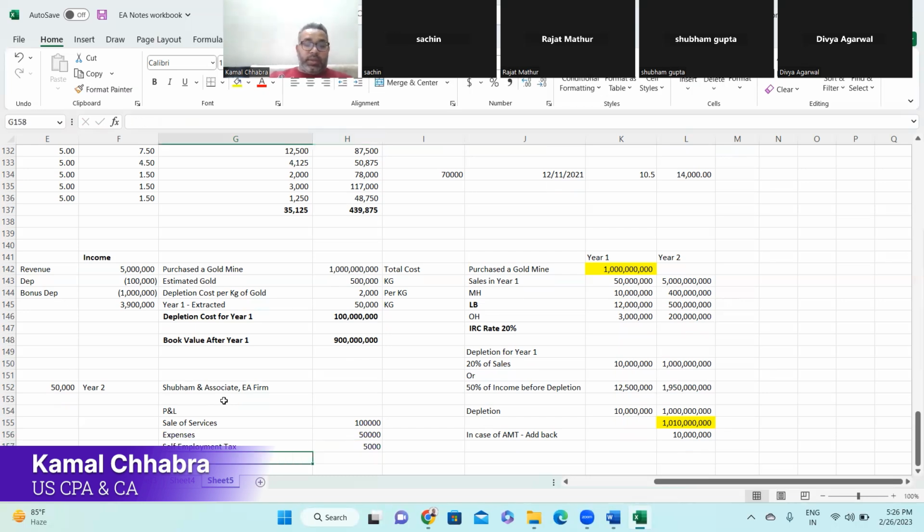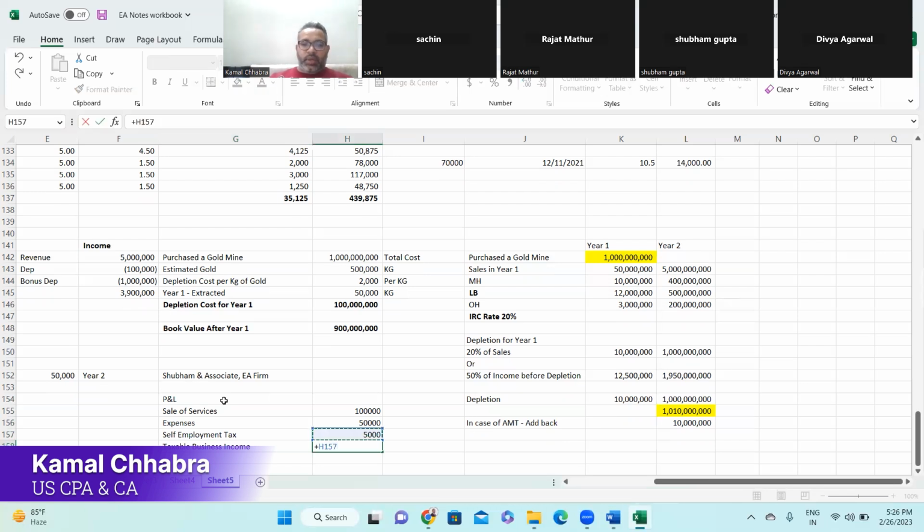So your taxable business income will be $100,000 minus $50,000 minus self-employment tax. So this is your taxable income, right?